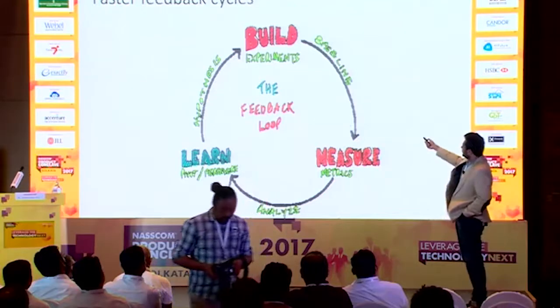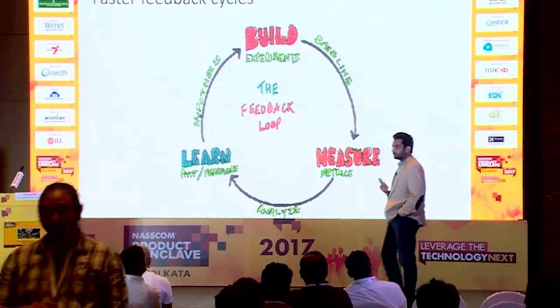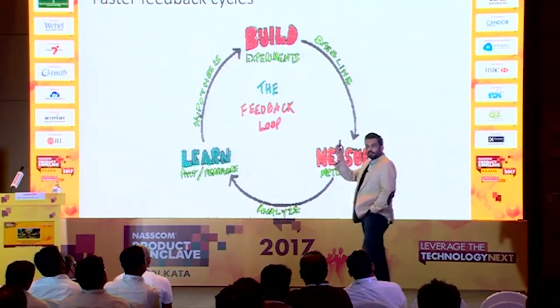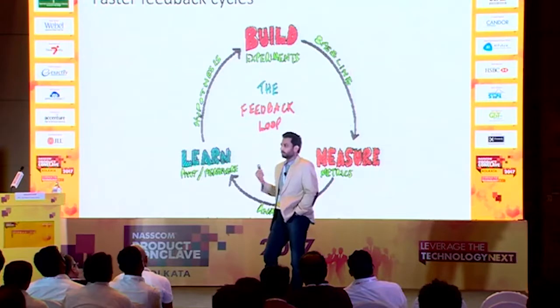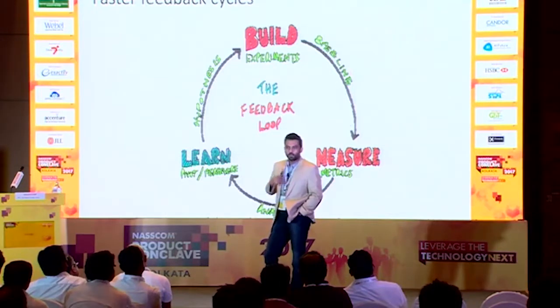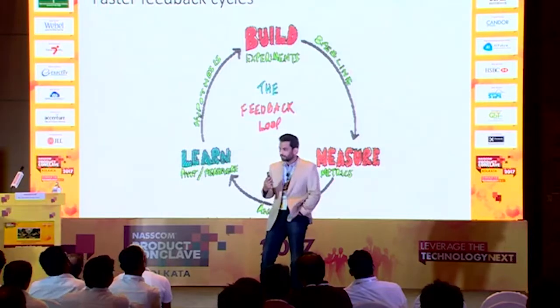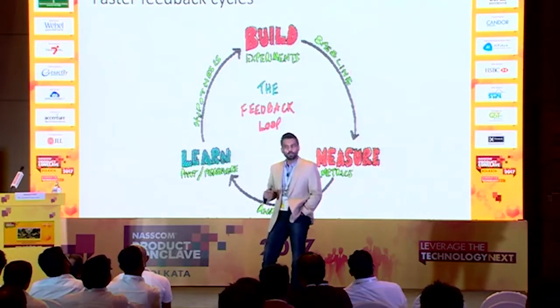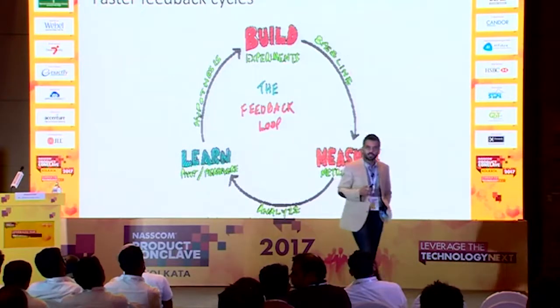Very similarly, when we develop a product, we experiment. It is a hypothesis. Customers don't know what they want. Unless we produce, unless we show, unless we get feedback, we have an issue. We may go totally in the wrong direction. So the faster feedback cycle is very important.